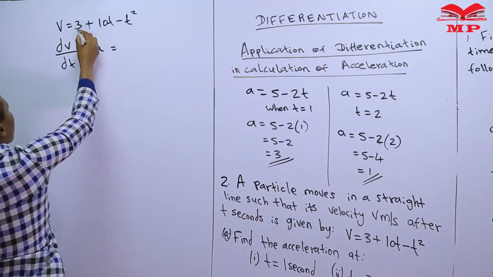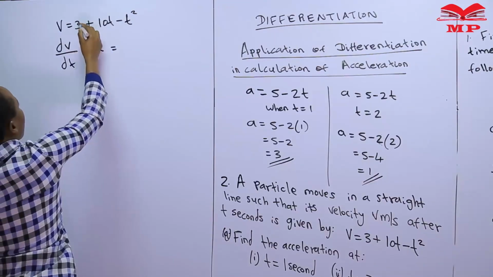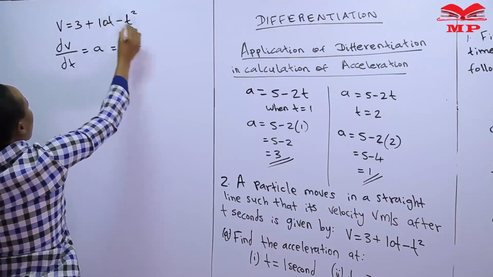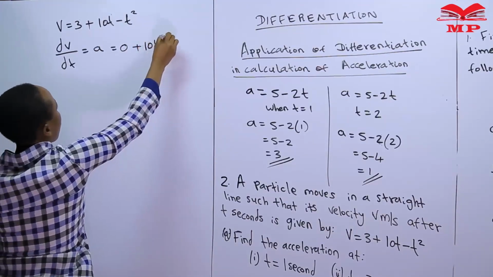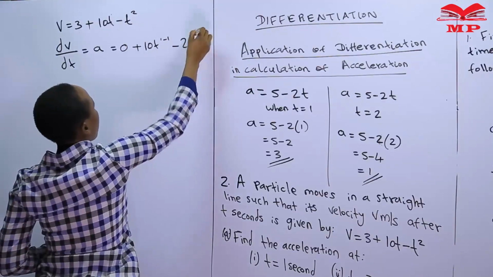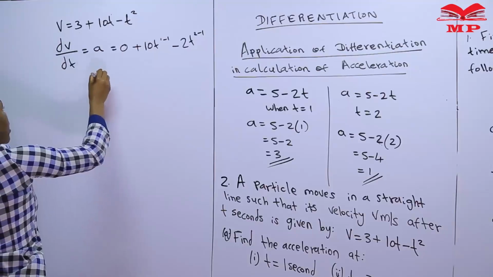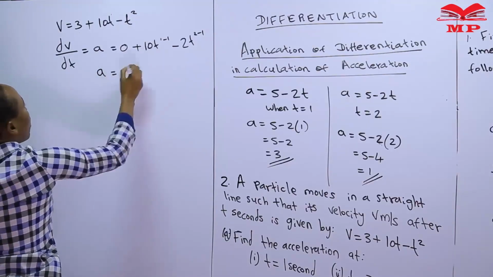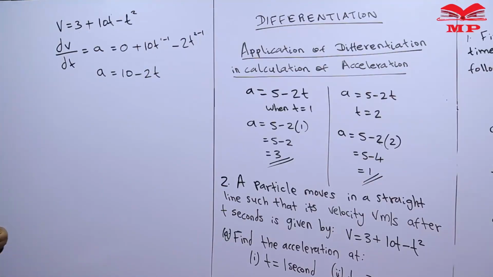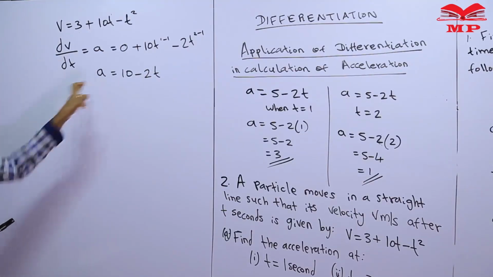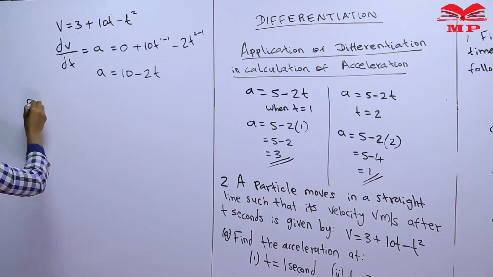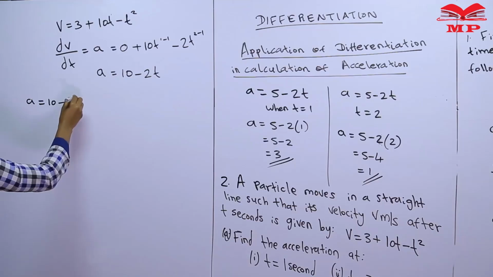The gradient function of a constant is 0. Then we have plus 10t to the power 1 minus 1, then minus 2t squared minus 1. So we get that acceleration is equal to 10 minus 2t. That is the function for acceleration.